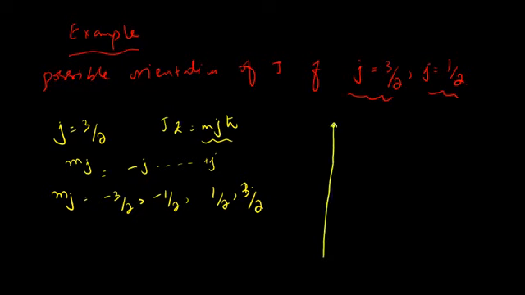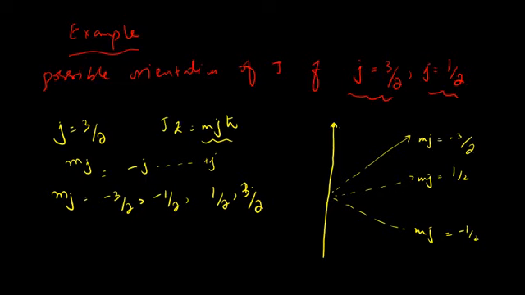Let's suppose this one is Mj equal to 3/2, this one is Mj equal to 1/2, this one is Mj equal to minus 1/2, and this one is Mj equal to minus 3/2.